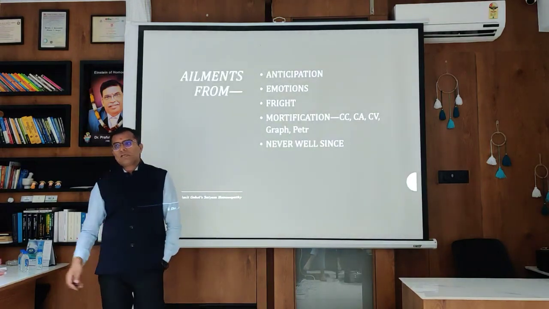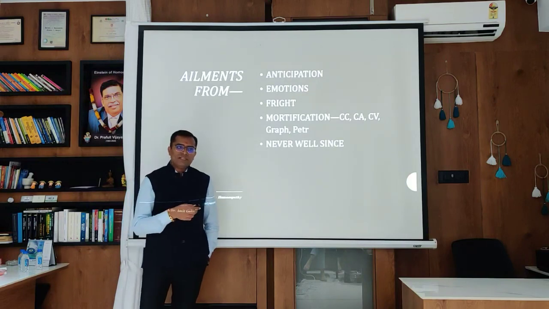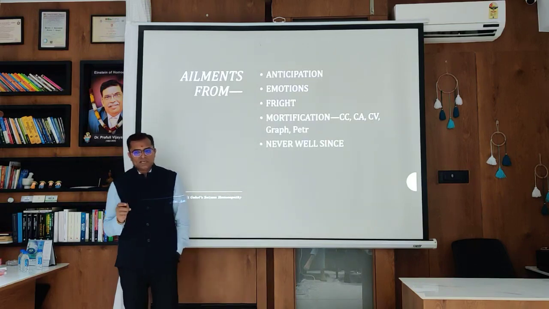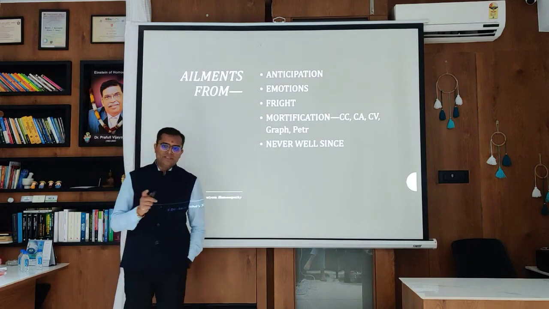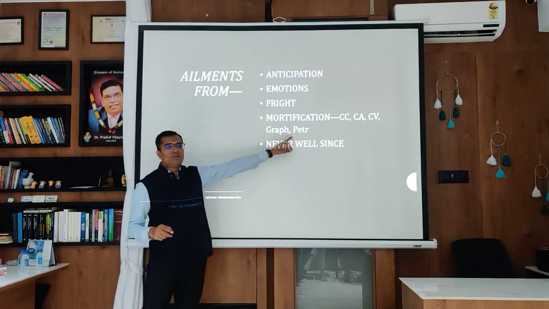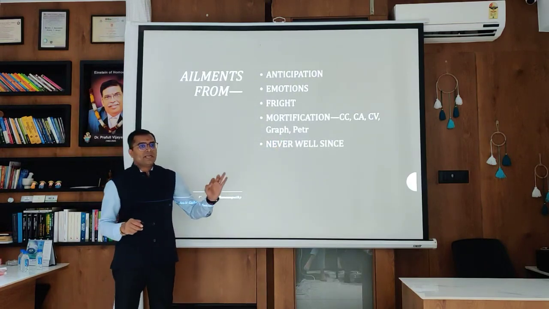Most are very anticipatory and apprehensive in nature, so anticipation gets aggravated. Emotions, mostly pride, get aggravated. Mortification, especially in calcarea carb, carbo animalis, carbo veg, graphites and petroleum, because petroleum is an angry remedy and there is a mortification which aggravates, and most ailments never well since that acute illness.